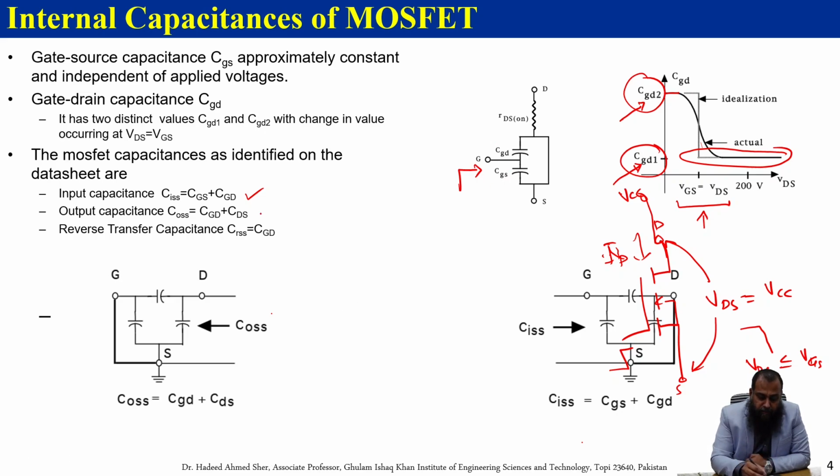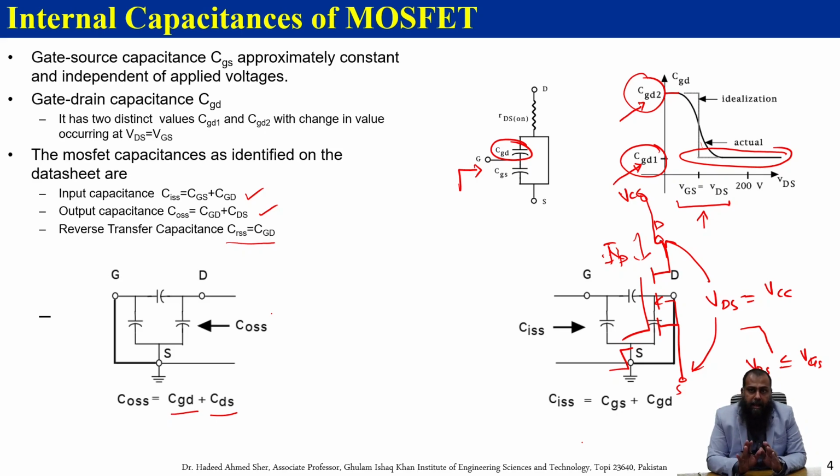Then we have an output capacitance COSS. This COSS is a sum of the capacitances between the gate to drain and the drain to source. And then we have a reverse transfer capacitance CRSS, which is basically the gate to drain capacitance here, which is only this capacitance.